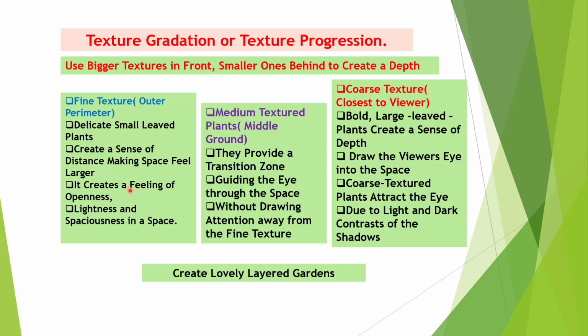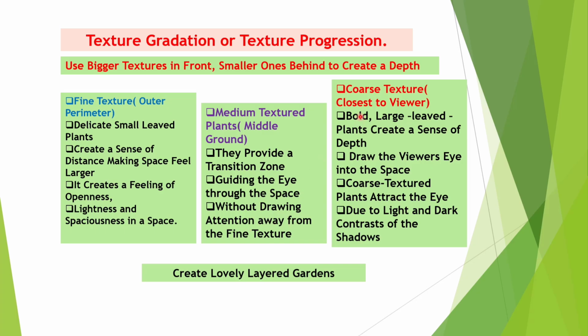It creates a feeling of openness, lightness and spaciousness in a space. So when you place a fine texture, that will make the space airy or an open space. You have medium textured plants which can be the middle ground. They provide a transition zone, guiding the eye through the space without drawing attention away from the fine texture.